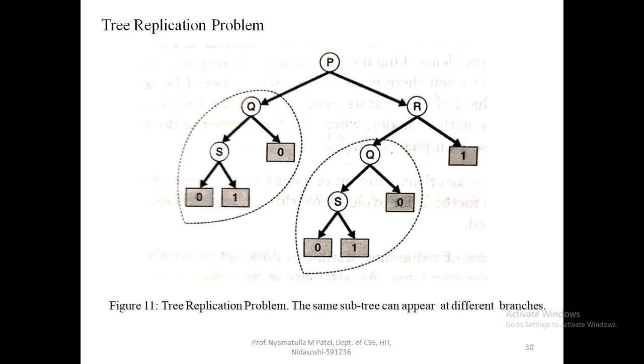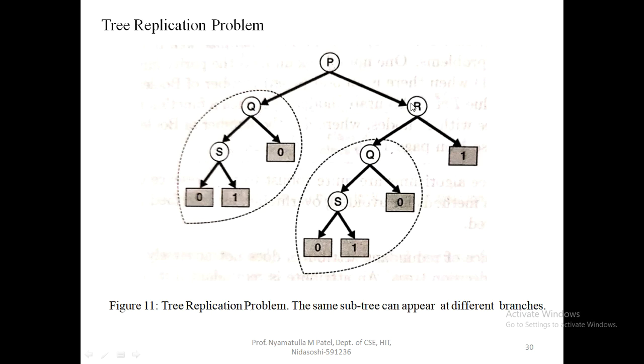Let us take for example the tree replication problem, where the same subtree can appear at different branches. So, now P, Q and R. At Q I am going for a condition called S, and if yes go to S, if no go to 0. From S again, if yes 0, if no go 1.